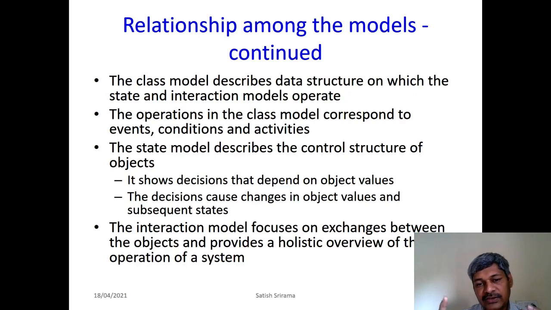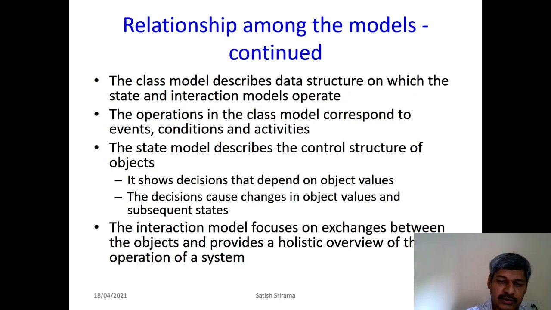The state model describes the control structure of the objects. It shows the decisions that depend on the object values, so the current state defines the decision. These decisions in turn cause changes to the object values, and that is how the states subsequently change.